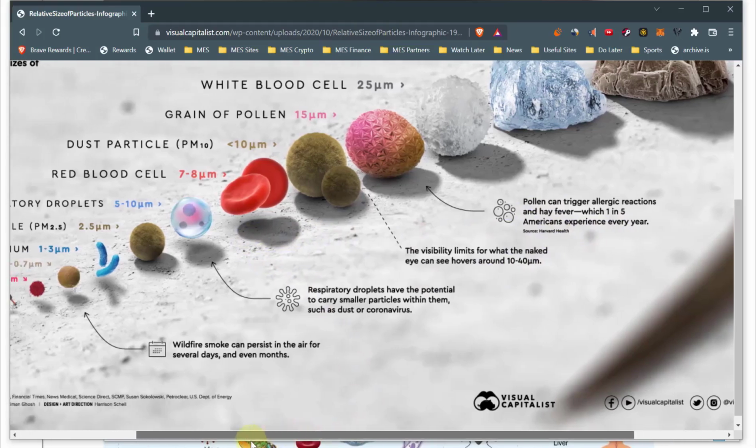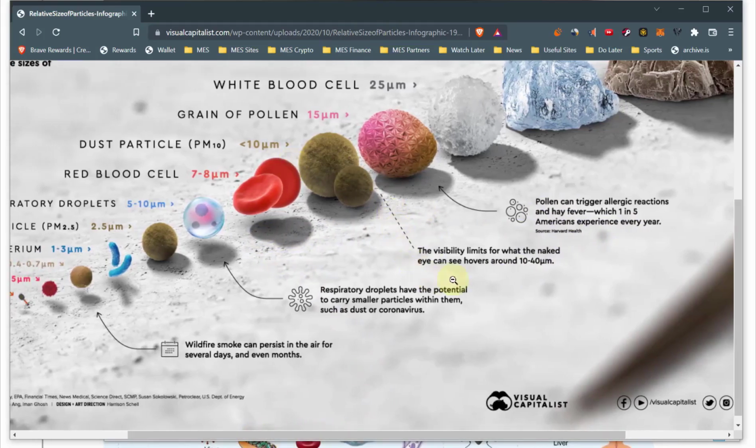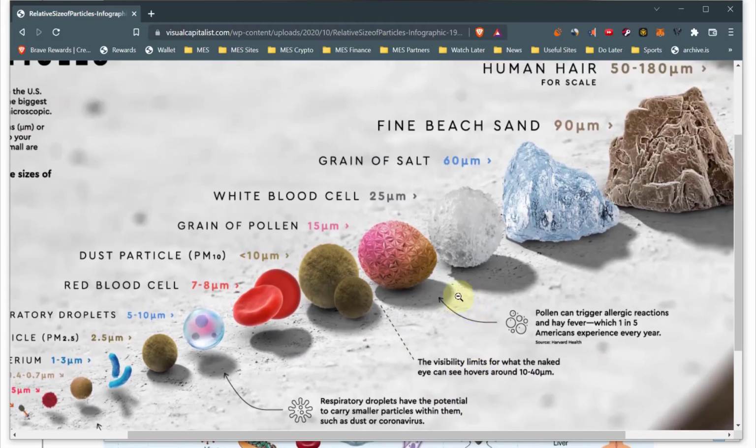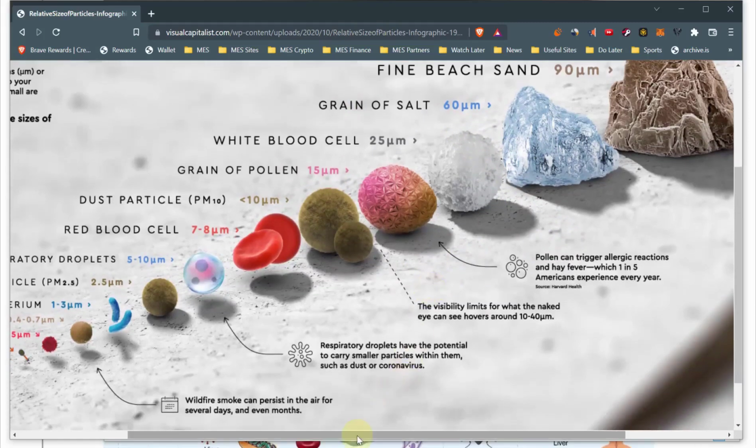Interesting. Continuing further, the visibility limit for what the naked eye can see hovers around 10 to 40 micrometers, so basically around this separation point, depending on who's looking at it.